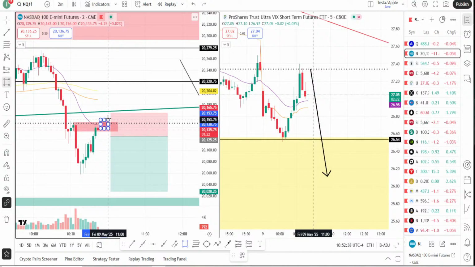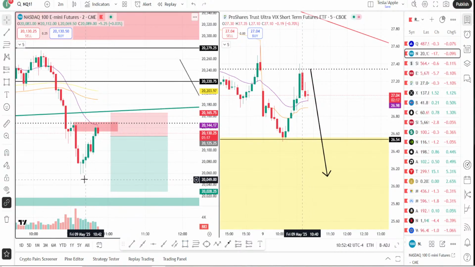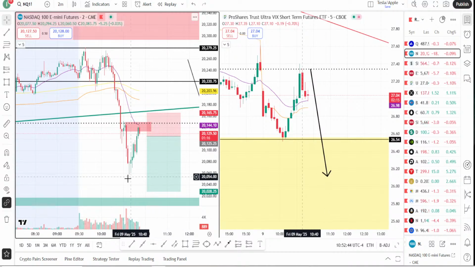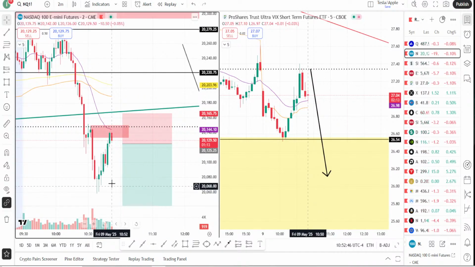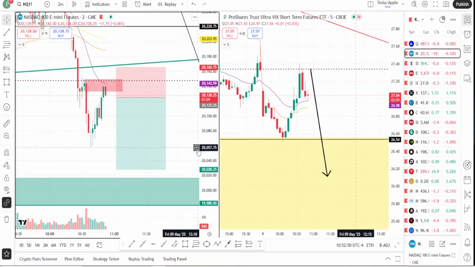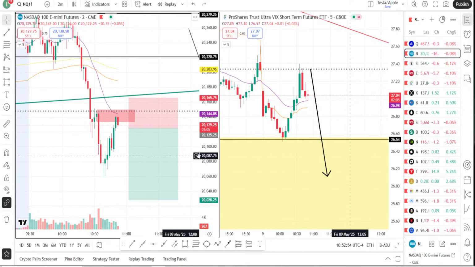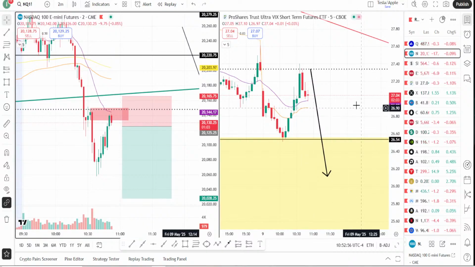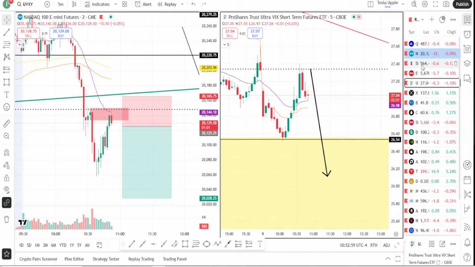Next thing you know, it flips, forms a green candle, traps all the sellers below. Let's get the ES back on here.